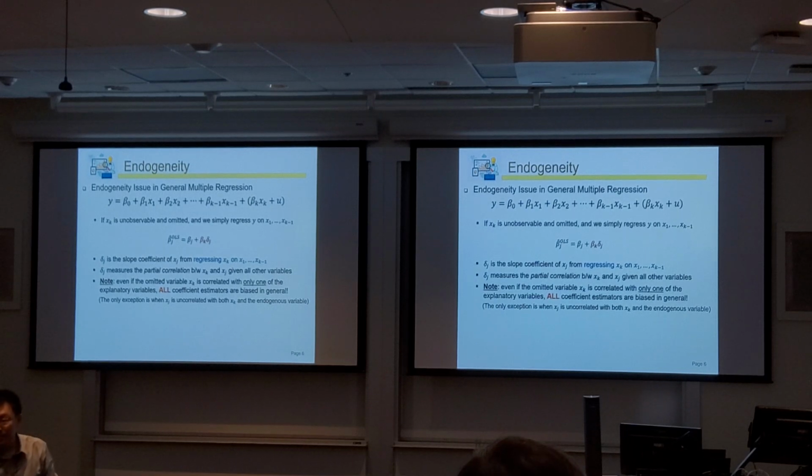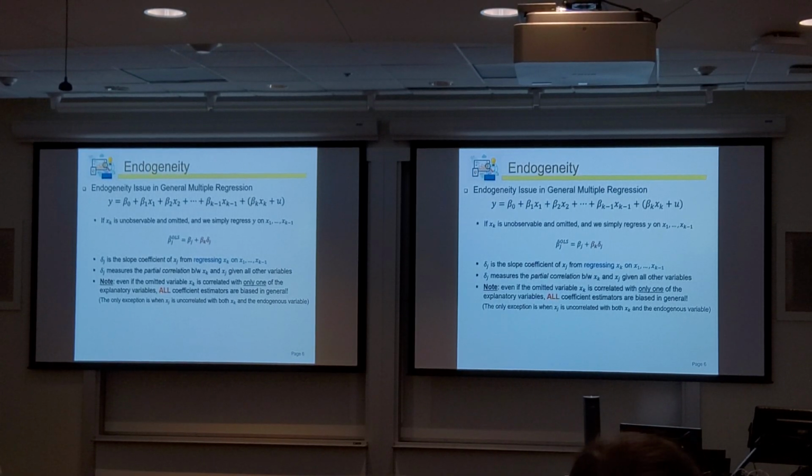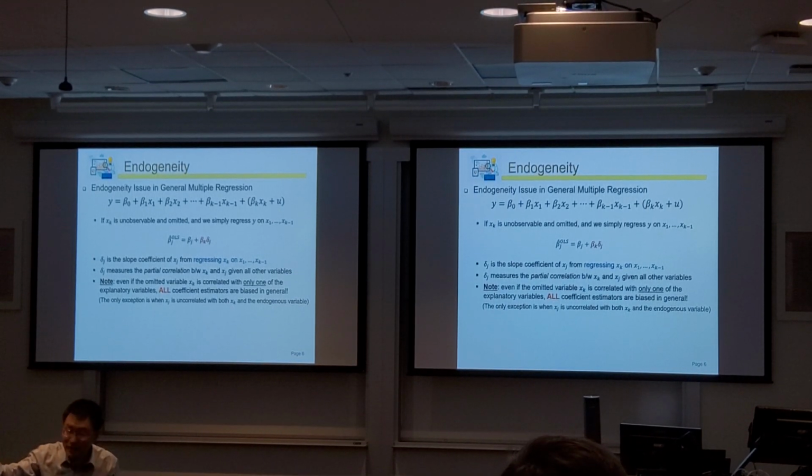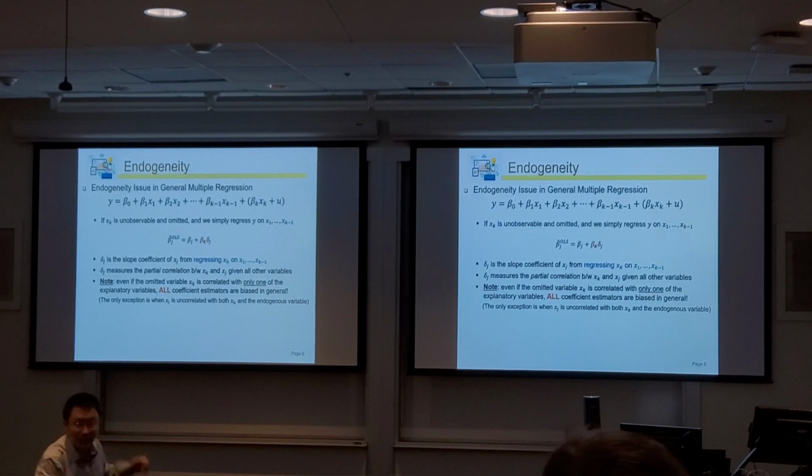Question: if I'm understanding this correctly, the OLS estimate is the measure of endogeneity for this coefficient beta J? No. OLS is not a measure of endogeneity. It ignores the endogeneity issue. We run the regression without considering the potential endogeneity issue, and we end up with this estimation.